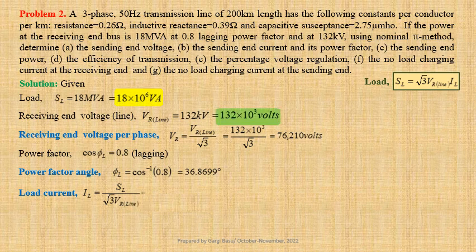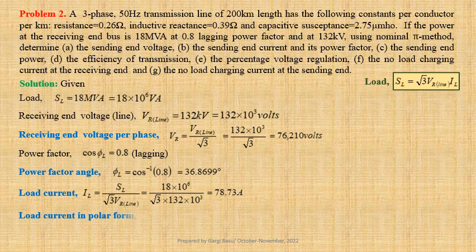Using values we get 18 into 10 to the power 6 divided by root 3 into 132 into 10 to the power 3. That gives us 78.73 ampere.